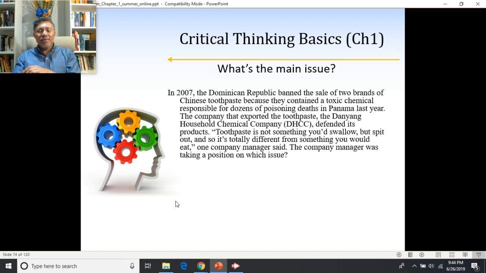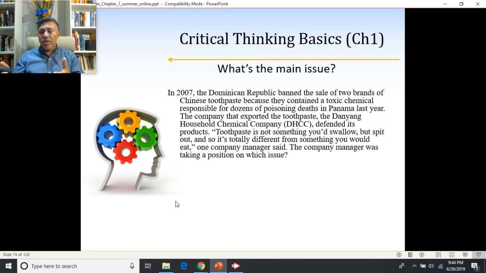One last passage here. In 2007, the Dominican Republic banned the sale of two brands of Chinese toothpaste because they contained a toxic chemical responsible for dozens of poisoning deaths in Panama last year. The company that exported the toothpaste, the Danyang Household Chemical Company, defended its products. Okay, so this is what they said.